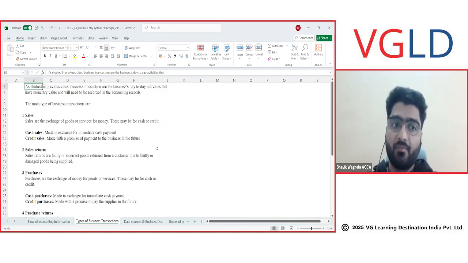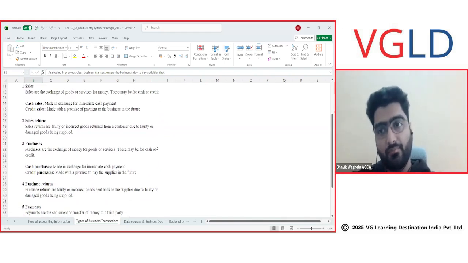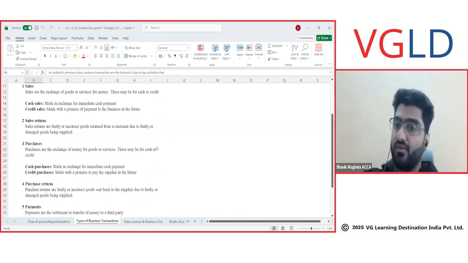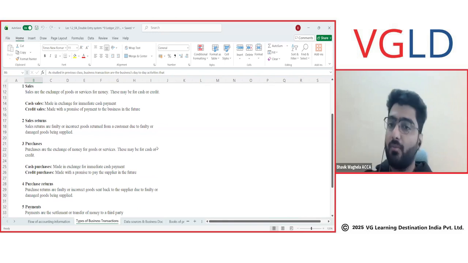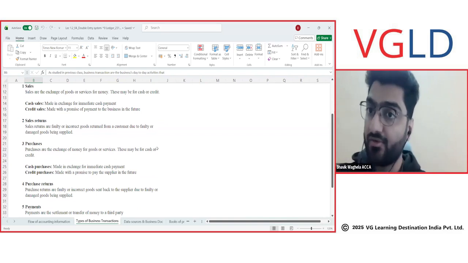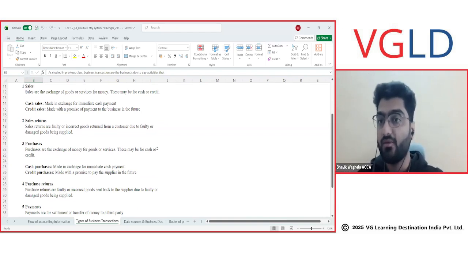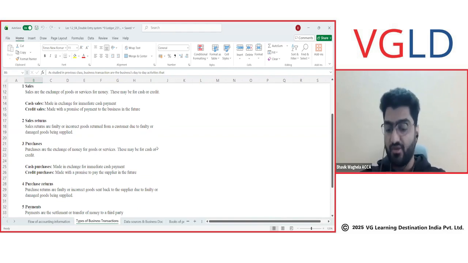First one is sales. Now, what is a sale? It is the exchange of goods or services for money. Now, this may be for cash or for credit. What I mean by cash is that the goods or services and the cash are both exchanged today itself, meaning the day the transaction is entered into.